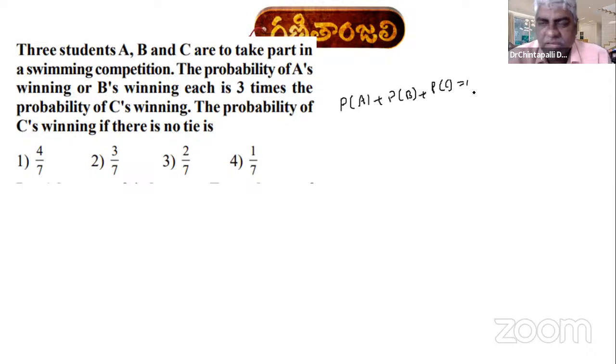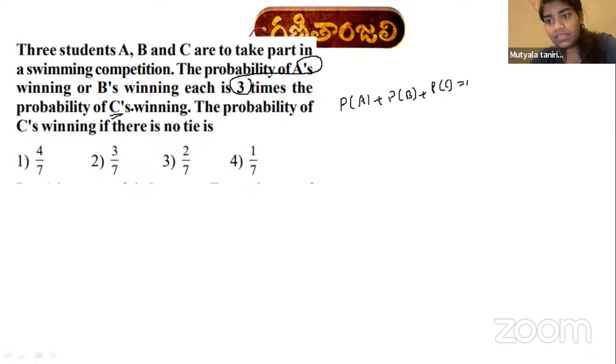In this question, the given clue is that 3 students A, B, and C take part in a swimming competition. The probability of A's winning and also B's winning is 3 times the probability of C's winning.